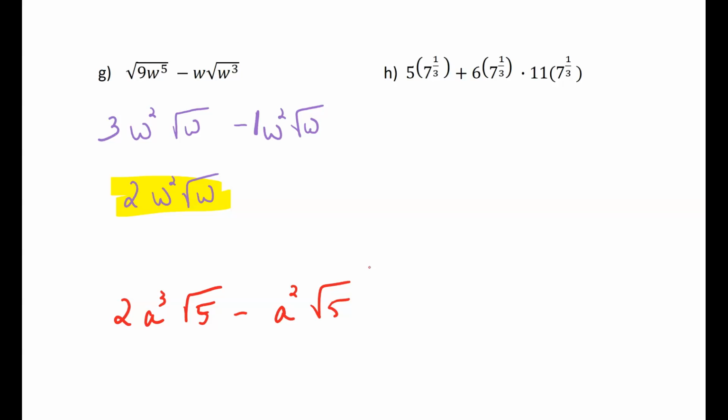I have a question. For H, would you do PEMDAS and do multiplication first, or could you add them? No, you are right. You have to do PEMDAS? Yes. So 11 times 6 is 66. Yes, we do.